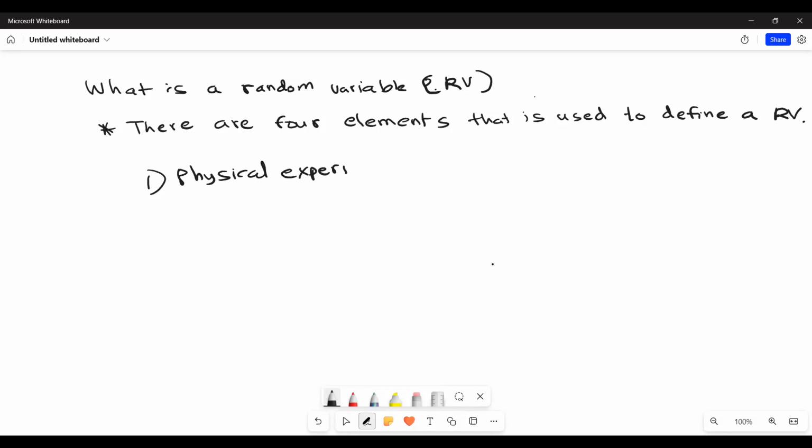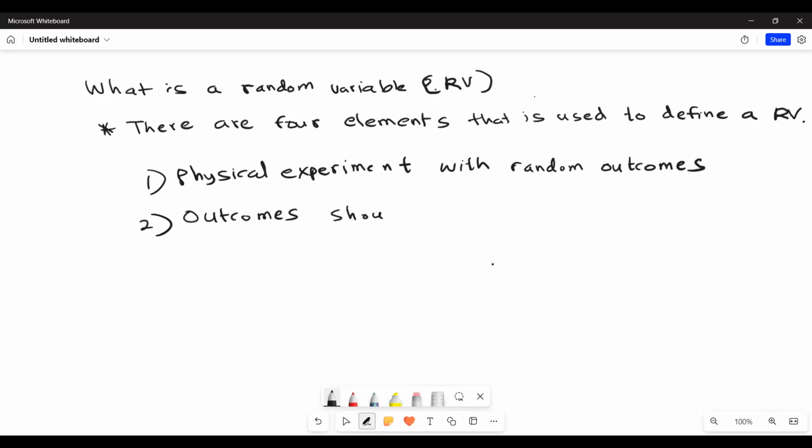A physical experiment that has random outcomes, and the outcomes should be modeled as real values.